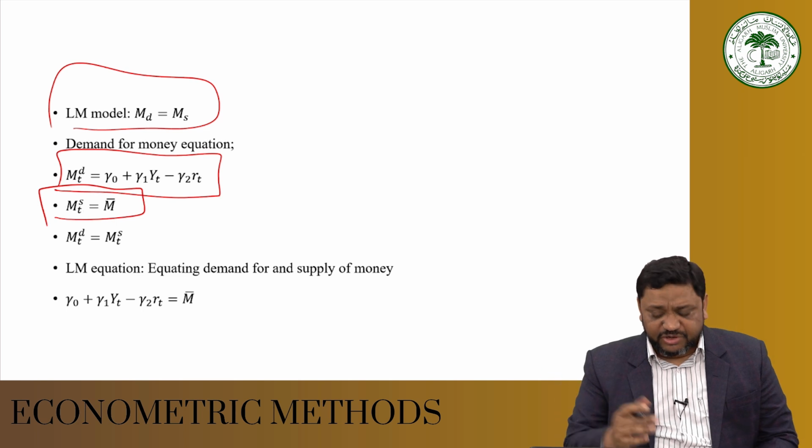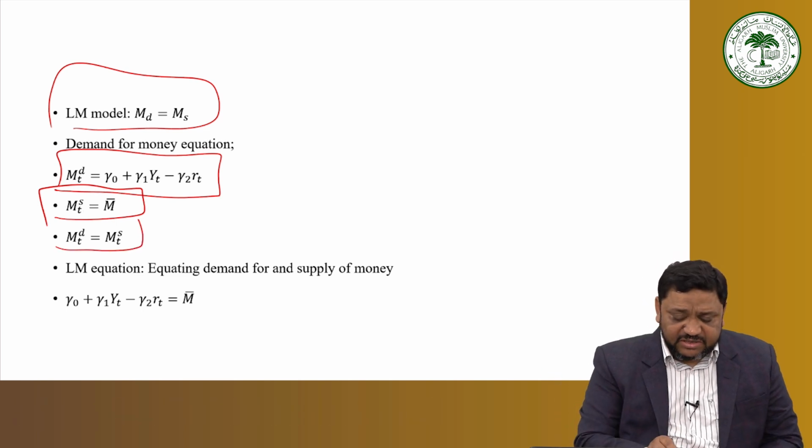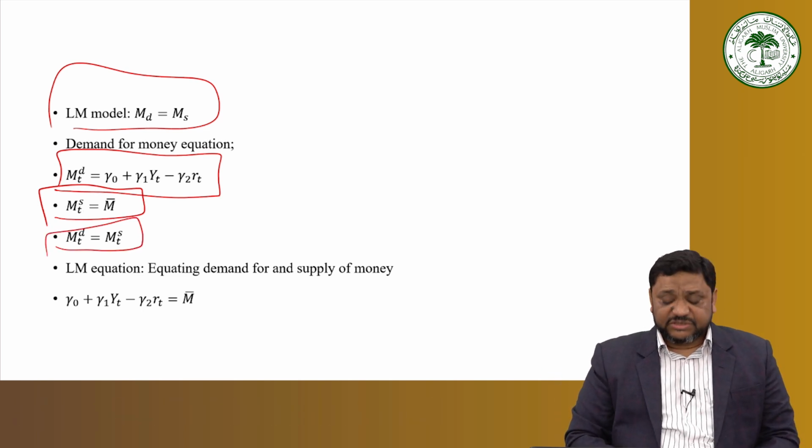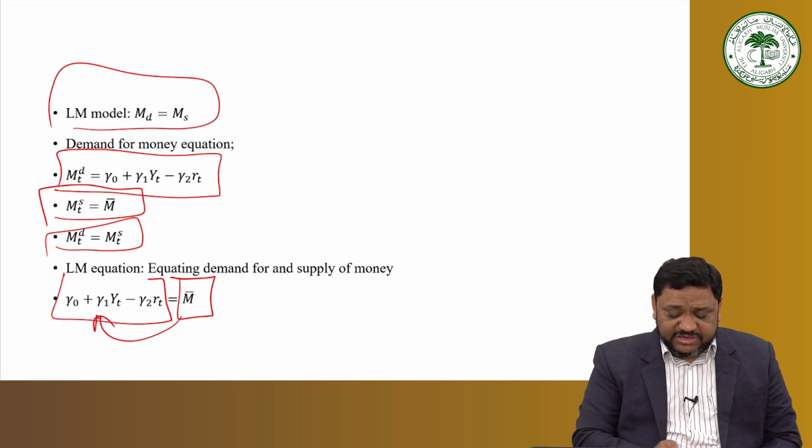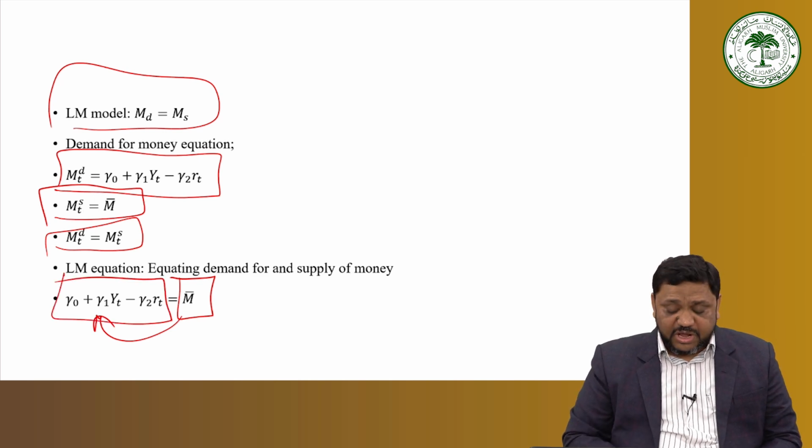It is fixed by the monetary authority of a country, and we say that the demand for money is equal to the supply of money. So we can write it as the supply of money is equal to the demand for money, which is gamma naught plus gamma 1 Yt minus gamma 2 RT. So this is my LM equation.